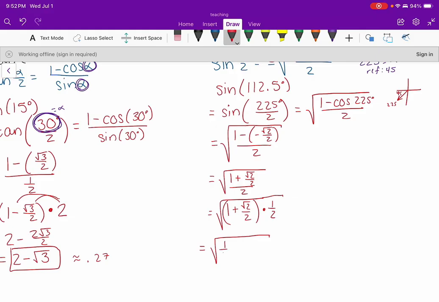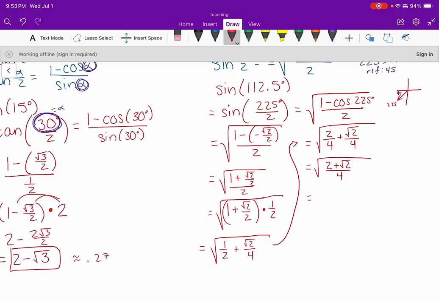This is going to give me 1/2 plus square root 2 over 4. To combine fractions, I need common denominators. I can make 1/2 2 over 4 plus root 2 over 4. This will give me 2 plus root 2 over 4.